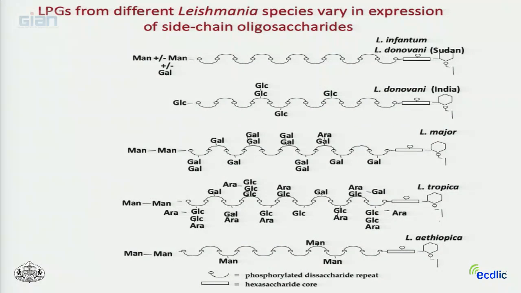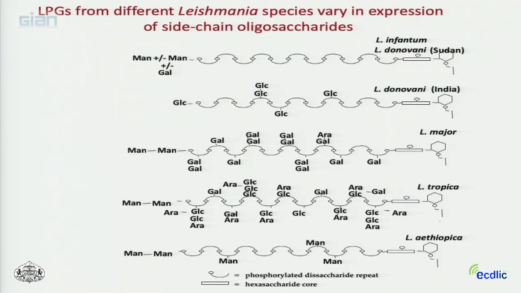It's driven by the diversity of receptors, parasite recognition molecules, on different species of sandflies. So we'll look at that in a bit more detail. But just for now, consider these remarkable polymorphisms in the nature of the LPG structure on different species of Leishmania.